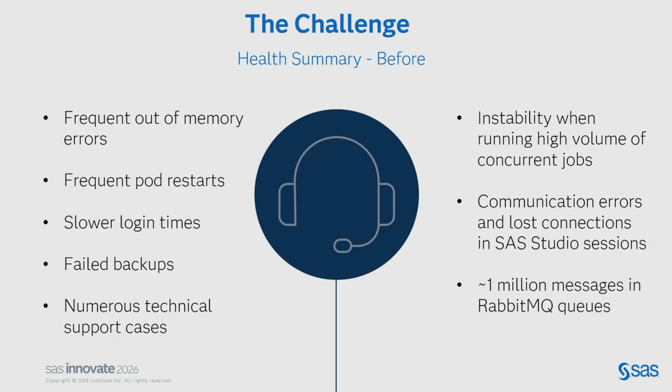These symptoms mean our environment didn't have very good health, and we had a very poor user experience at the beginning. Then my colleague, Eric, worked with us to tune the environment. Now they're going to talk about how we solved these problems.